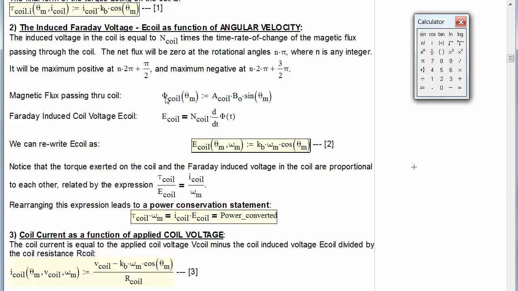And so we see that that is a function of theta m, and it's a sine as opposed to the torque being a cosine. But by Faraday's law of induction, the coil voltage is equal to N d phi dt. Now, Faraday's law shows a minus sign, and I'm not going to go into why the minus sign is not here, but depending on how I label the polarity of E coil on my coil, I could have the minus sign or not.